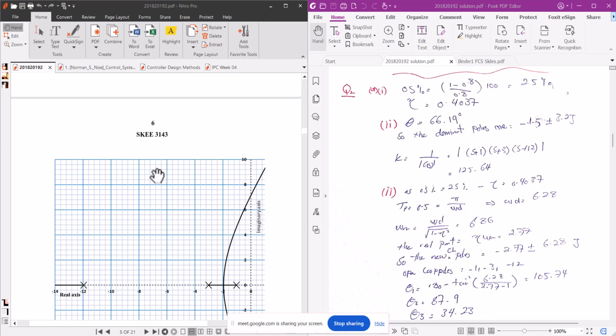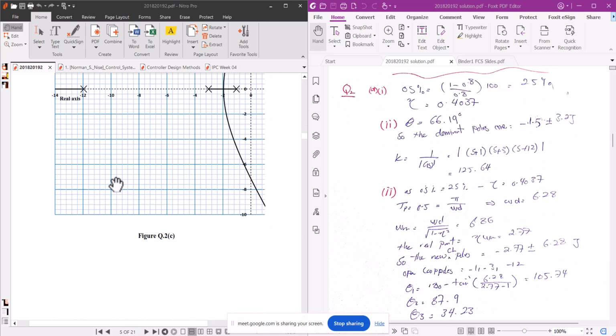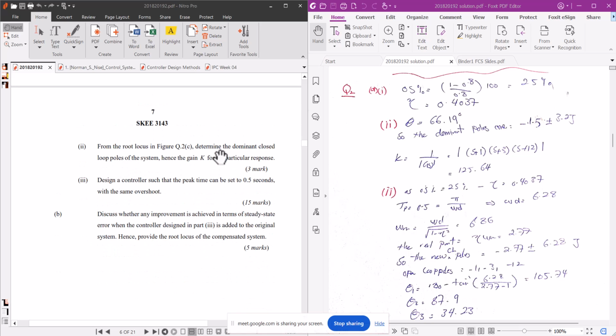So the next part is, design a controller such that the peak time can be set to 0.5 seconds with the same overshoot. Now you have the same overshoot, 25%, but your peak time is different.